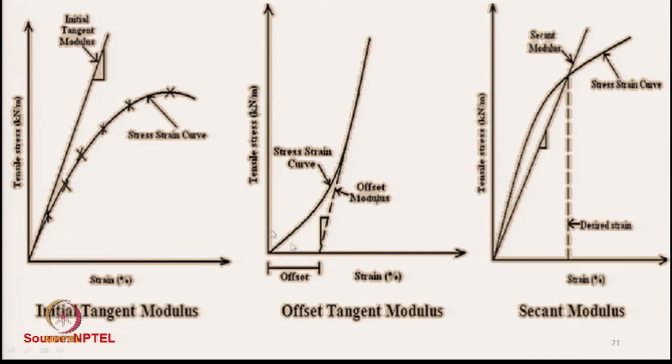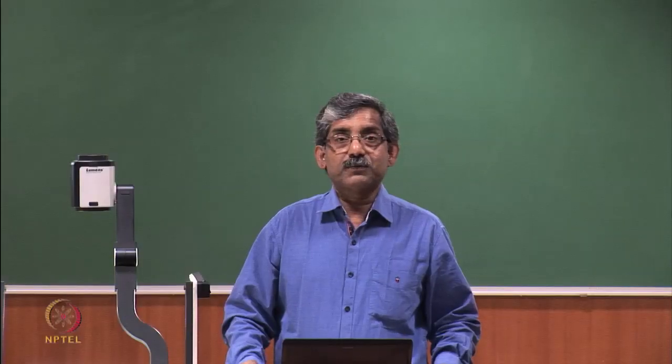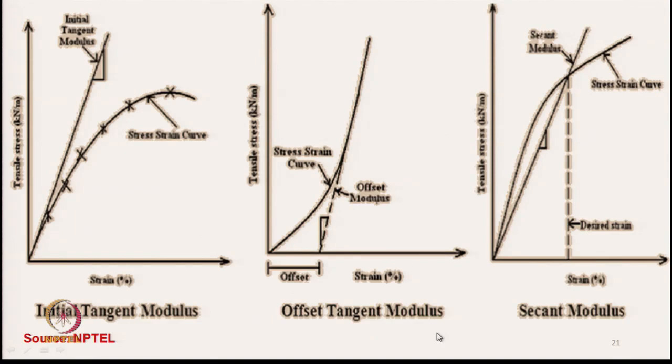We can also calculate the offset tangent modulus, which is required for geotextile design for any construction. This offset tangent modulus is the modulus for any offset value, for any particular stress value or strain value, where we can get the tangent at that point.